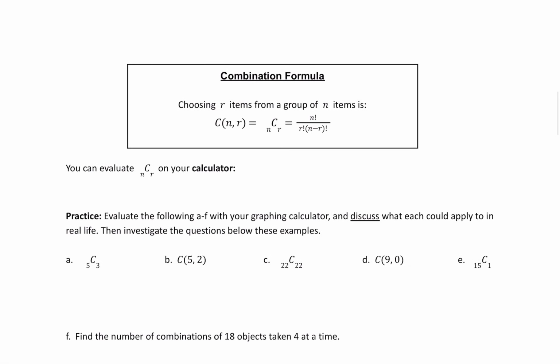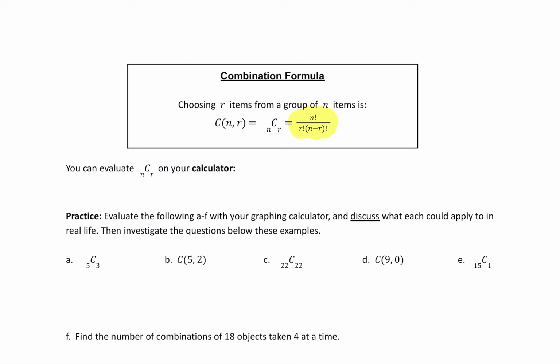The only difference is we're going to divide by an extra r factorial, okay? So what a combination is, it's just a permutation that you divided out all those repeats because order doesn't matter. It doesn't matter how I choose those students. It's the same group of students.